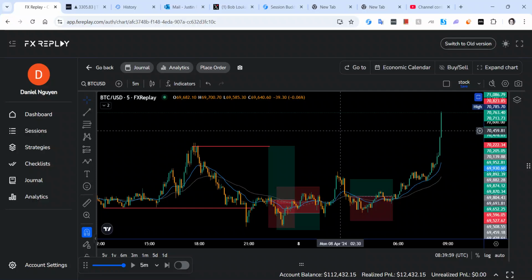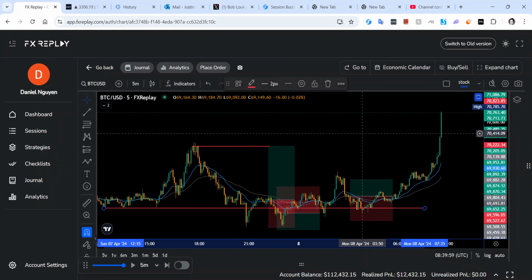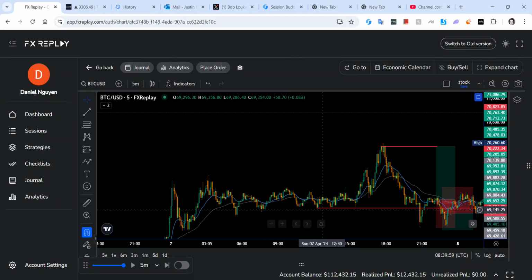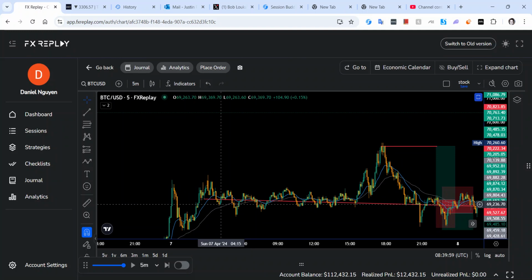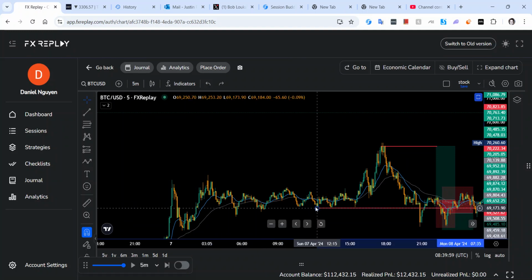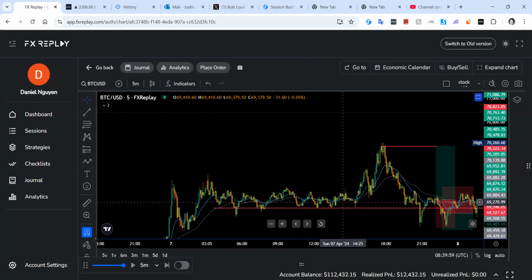All right, so basically, if you saw, it built the liquidity here for ages. This area here was building a lot of people's stops below it.